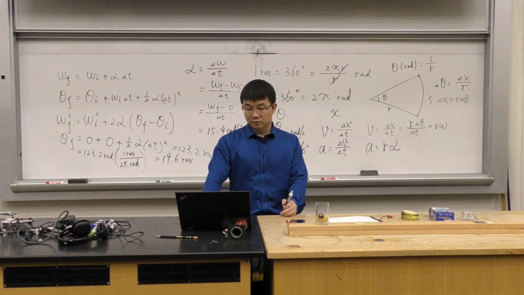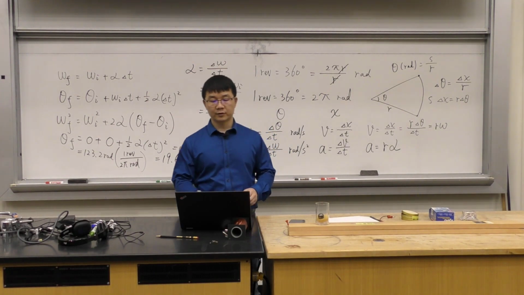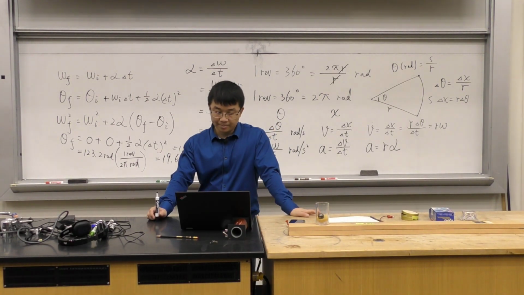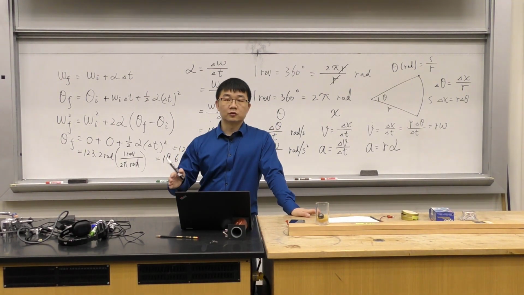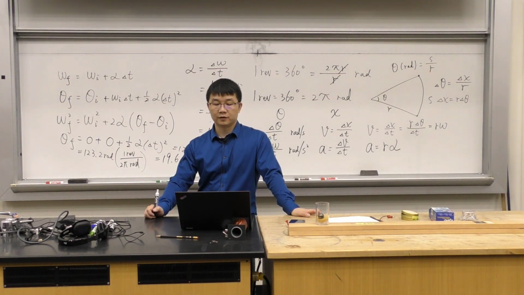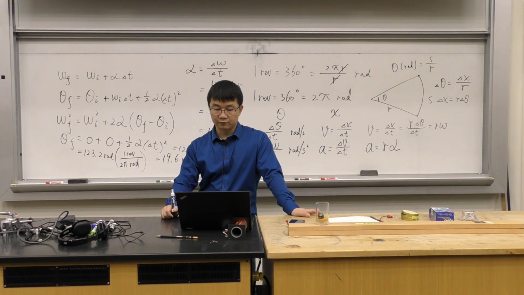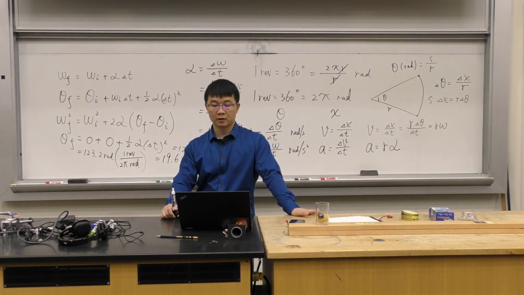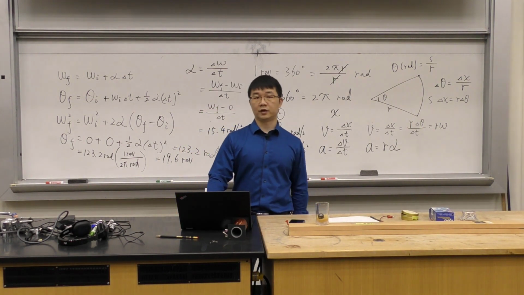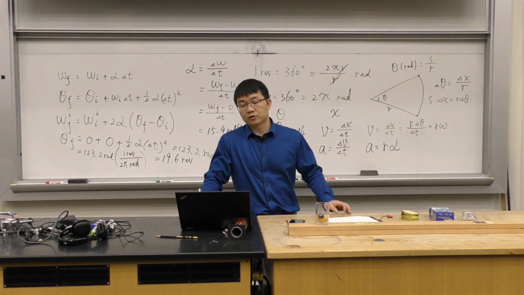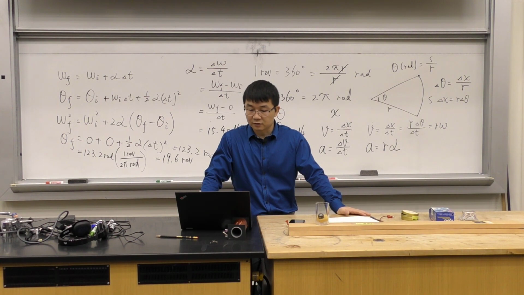Okay, so let's take a look at the summary on slide 11. In order to rotate the door, there are three things you need to consider if you want to find the best option, if you want to describe the ability of a force to rotate something. First of all, the force, of course, right? If you use a larger force, it's definitely easier to rotate something.